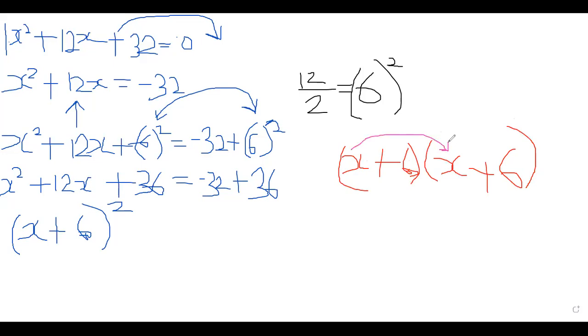Then you write your x squared. x times 6 is 6x. Then this, you now use 6. 6 times x is 6x.